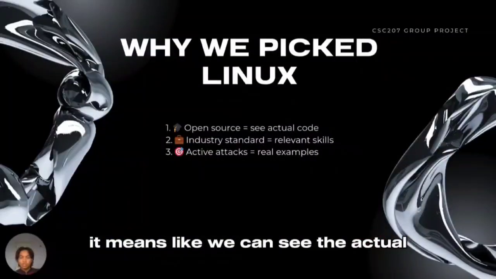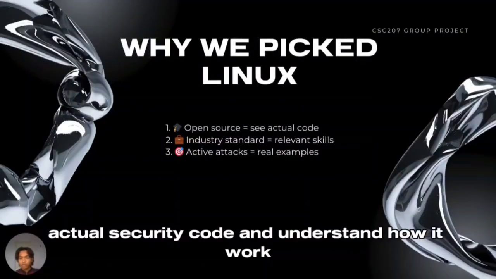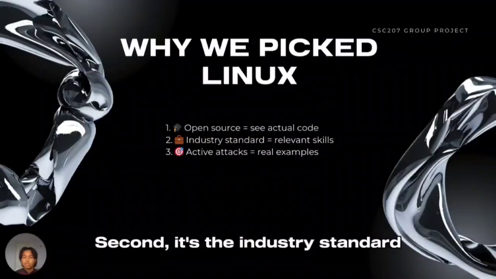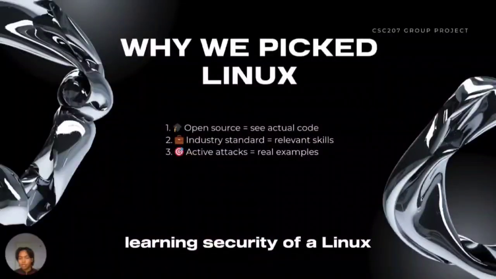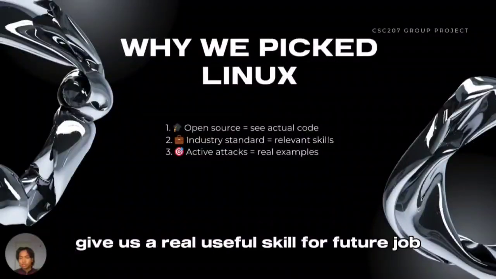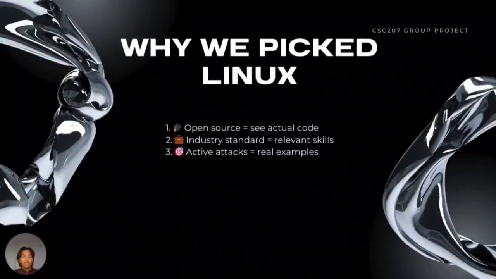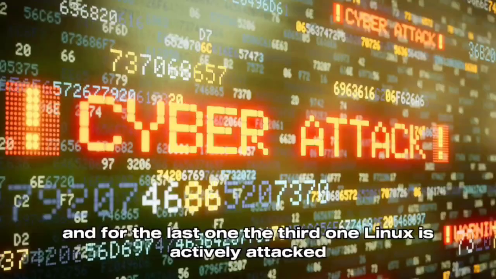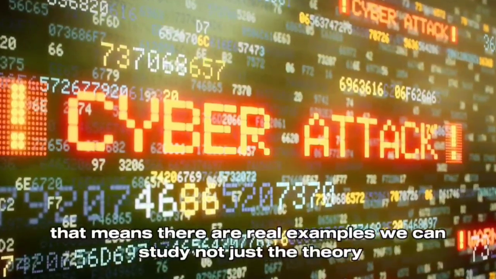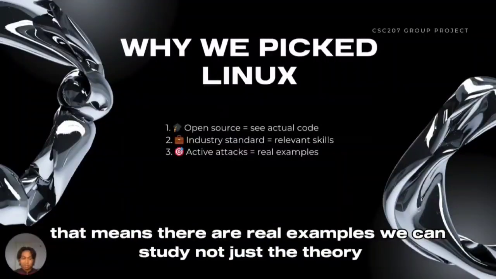It means we can see the actual security code and understand how it works. Second is the industry standard. Learning Linux security gives us a real, useful skill for future jobs. And the third one, Linux is actively attacked. That means there are real examples we can study, not just theory.